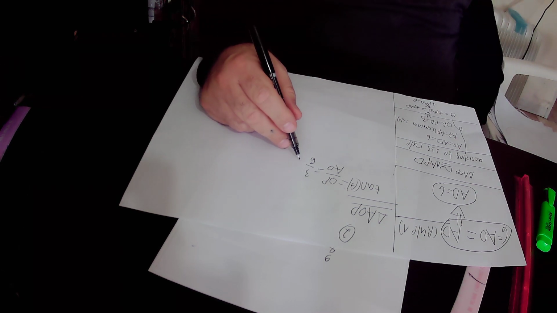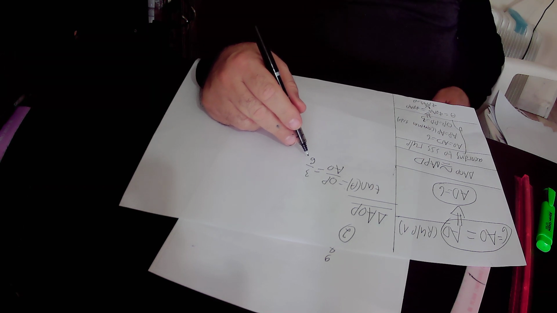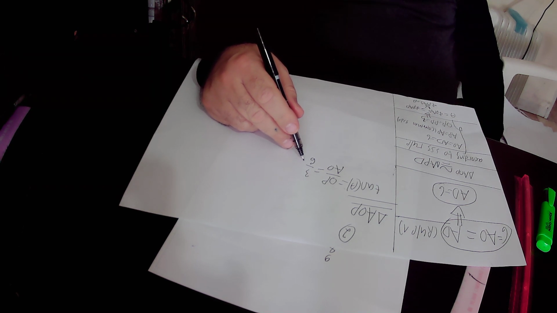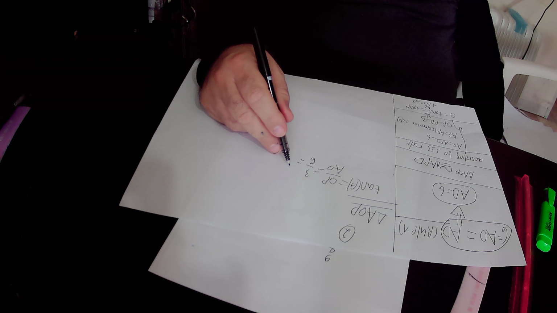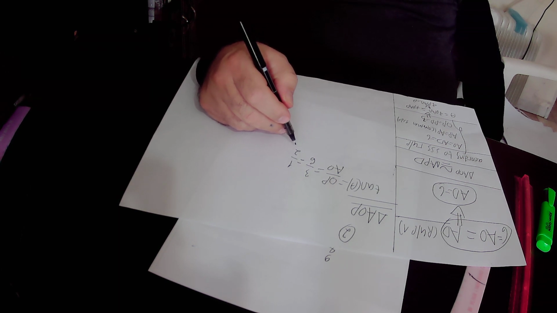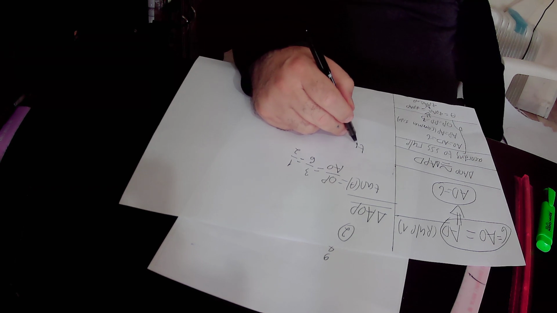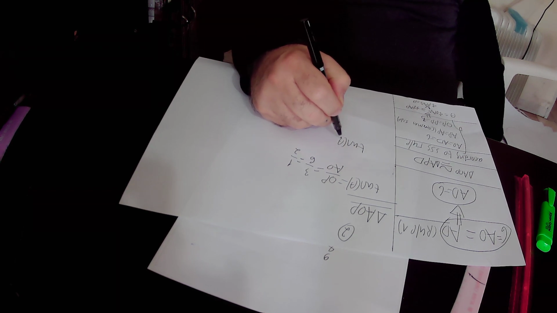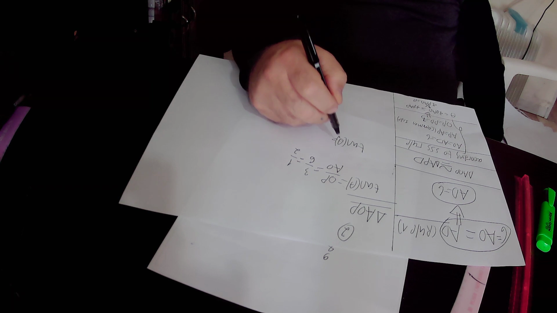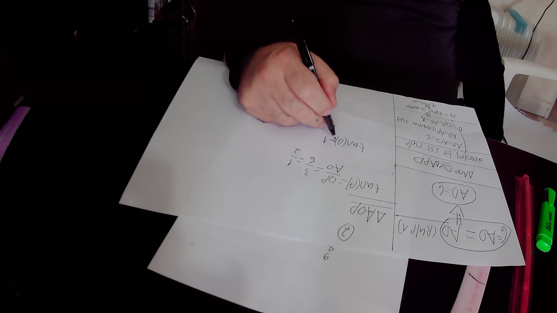We divide both the numerator and the denominator by 3. We get that 3 over 3 is 1 and 6 over 3 is 2. So in conclusion, we found out that tangent theta equals 1/2.